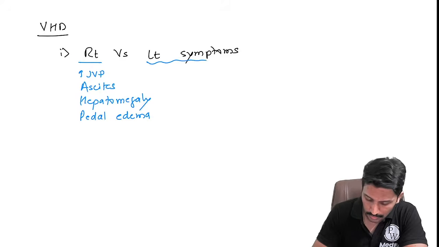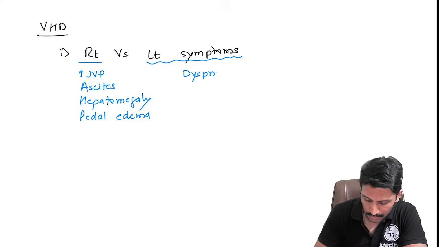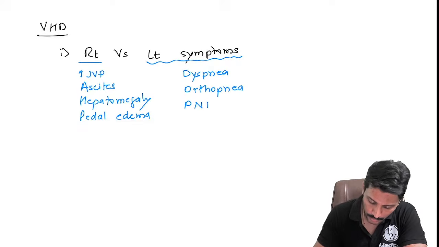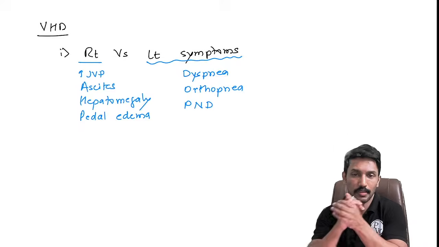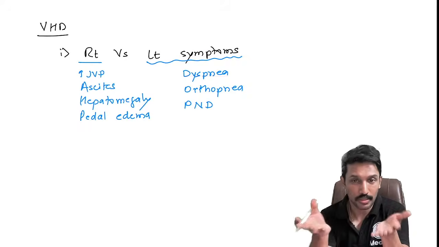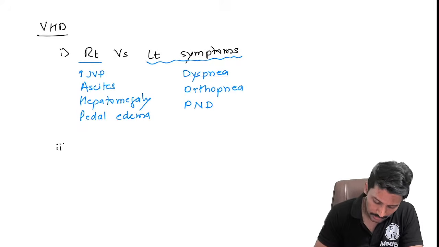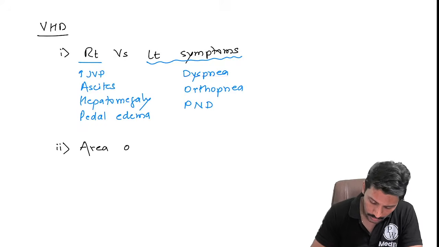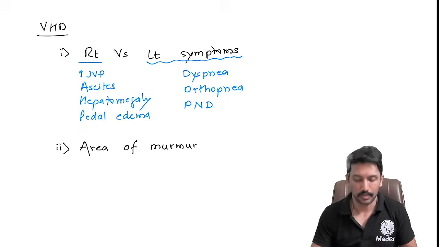And if the question is talking about dyspnea or shortness of breath, orthopnea, that is shortness of breath in supine position, or PND, paroxysmal nocturnal dyspnea, it is pointing towards the left side of the heart. So this generally takes you to the diagnosis. Or second, you should also look at the area of murmur, which part of the chest the murmur is best heard.